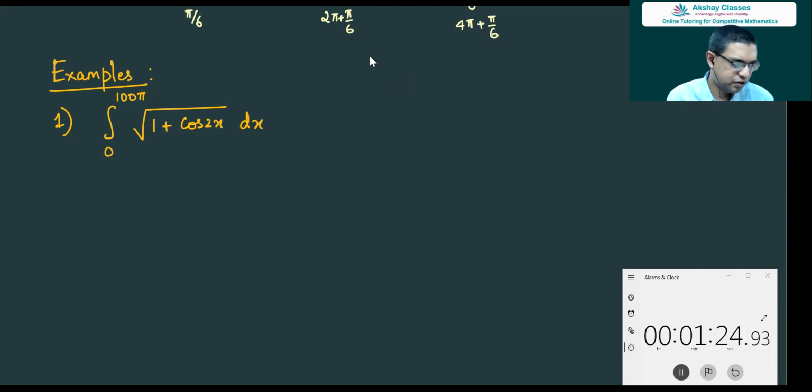Waiting for your answer. 1.5 minutes. Sir, 400. No. Sir, root 2. Root 2. Answer?